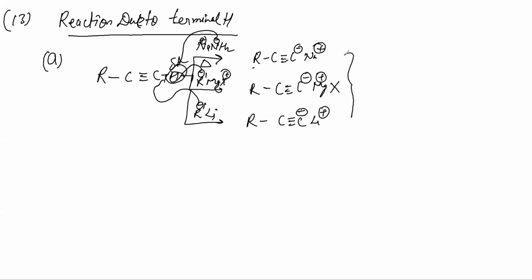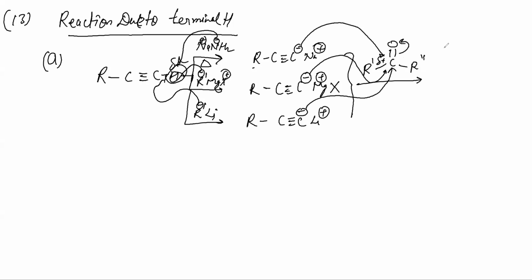Now, treat this with, let's say, this. I hope you can see here delta plus on the carbon. Now all the minus will attack here, so the pi bond will break. You're going to get this.